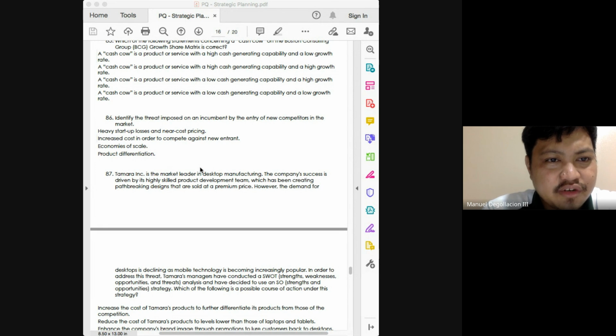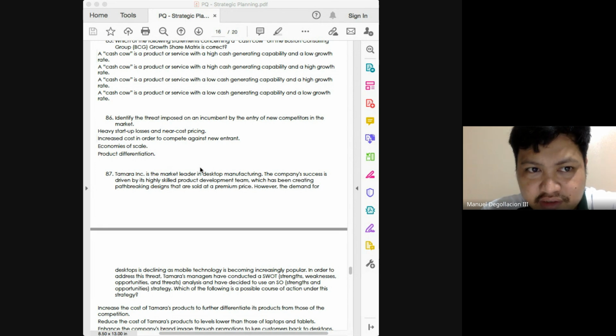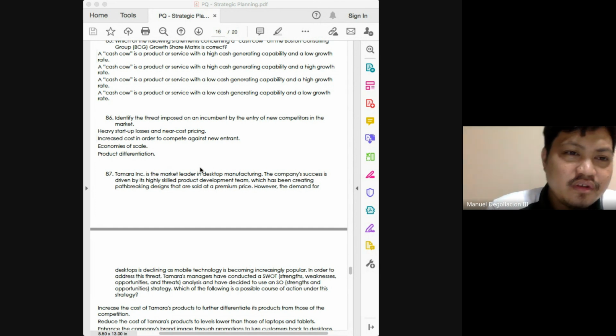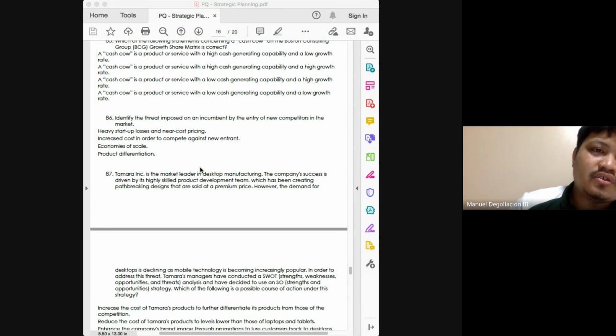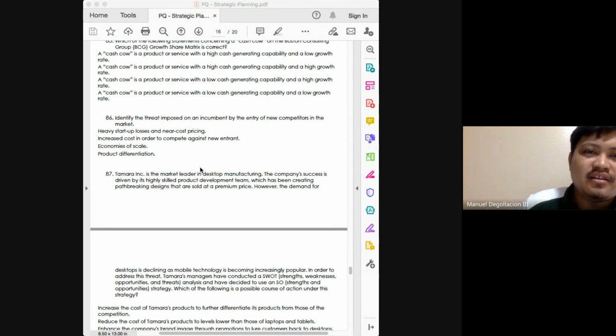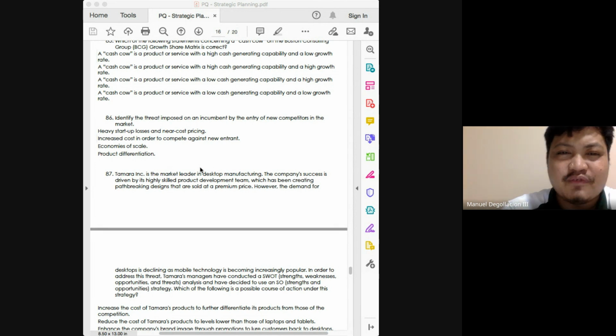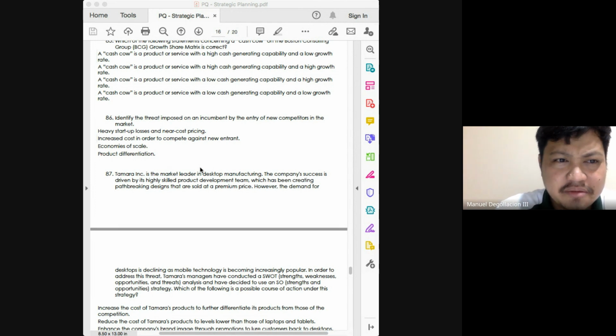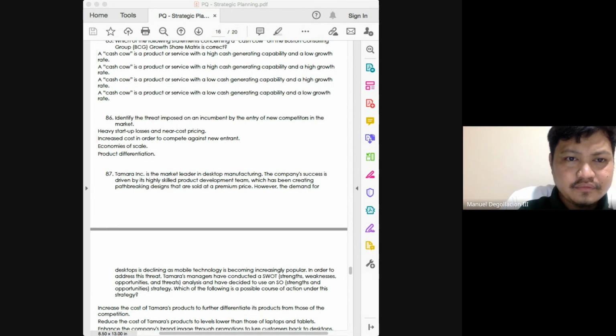Next, increased cost in order to compete against new entrants. Then this is definitely a threat. If you will be forced to incur additional costs or make additional investments because of new entrants, then definitely that is a threat on an incumbent. Economies of scale is not really related to threat from new entrants. The same as product differentiation. Okay, so the answer here would be the second choice.